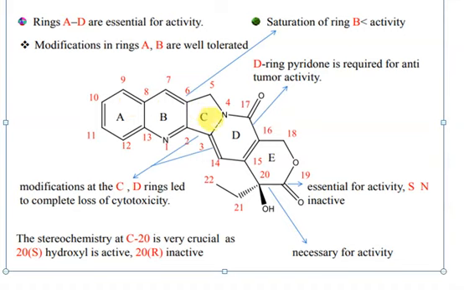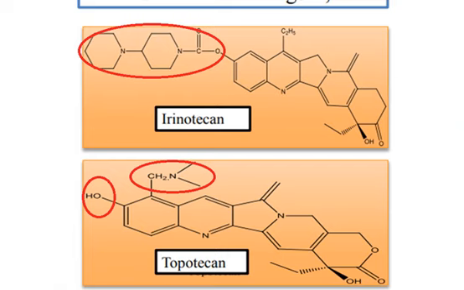And we don't have to carry out any modification on the C ring or D ring. So we don't have to change this stereochemistry, and we don't have to change this ring as well, right? So we have the option of carrying out modification on ring A and ring B. There is no other change we can do. So let's see how modifications on this structure have been made, right?